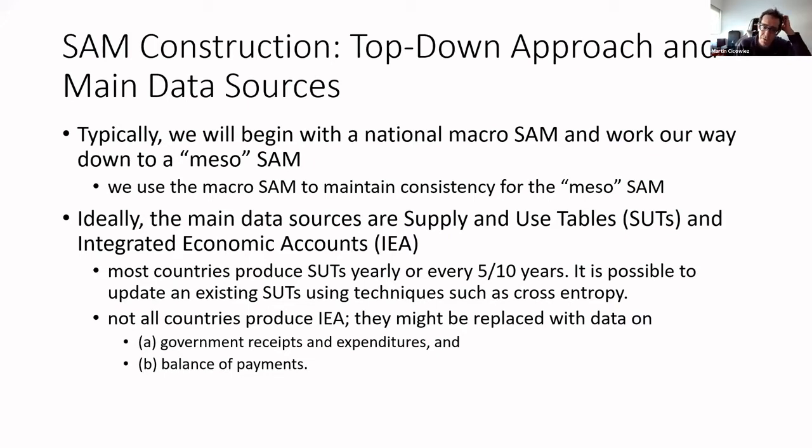The data that you get from a supply and use table, for those of you that are not familiar with them, is basically information on production and the use of that production: how the different sectors produce, which factors and intermediate inputs they use, and then who buys that production. Are they the activities buying intermediate inputs, or the households also buying goods and services?